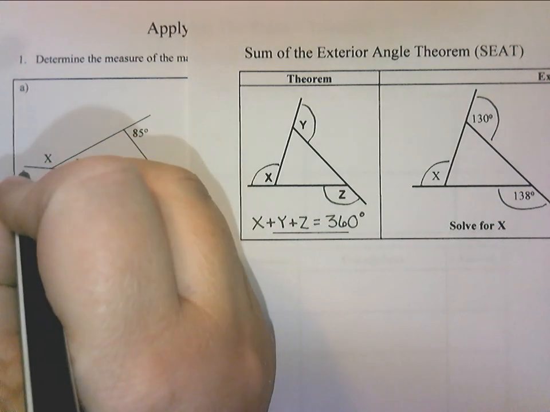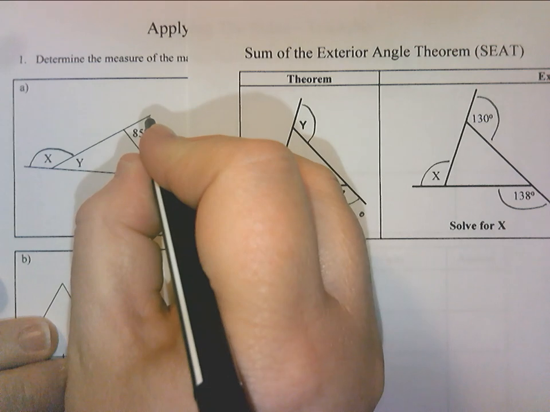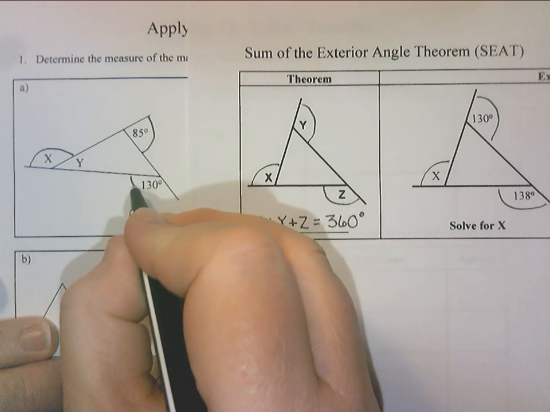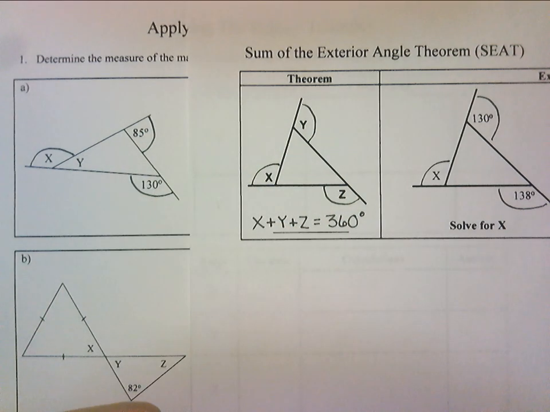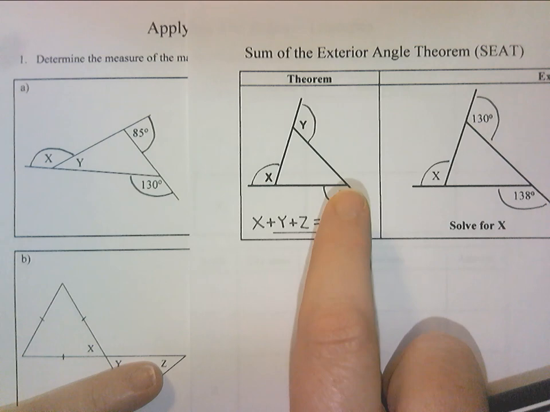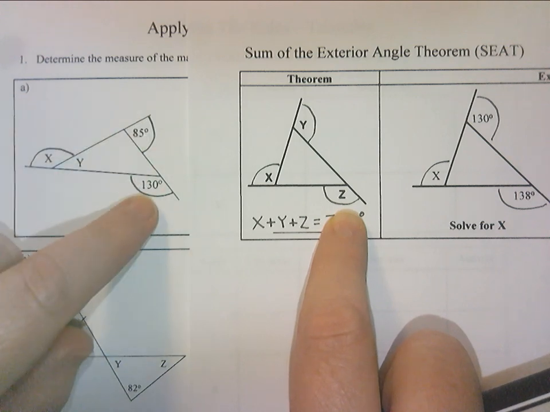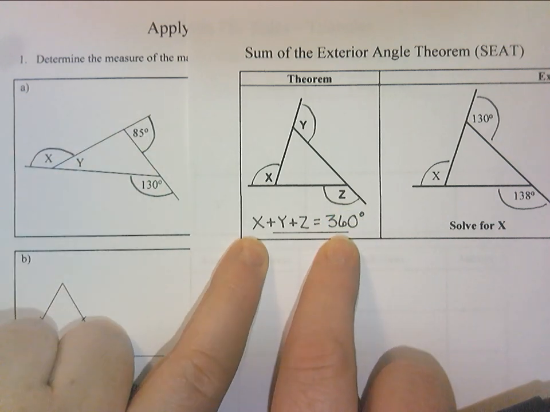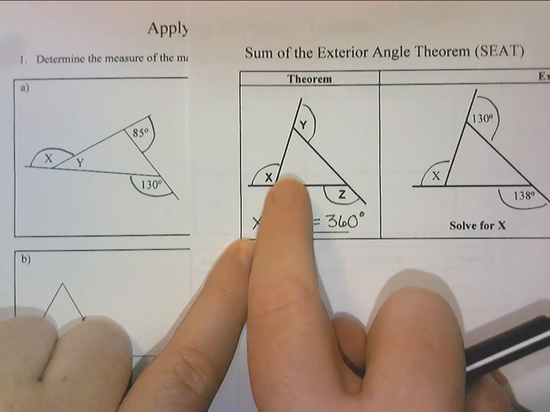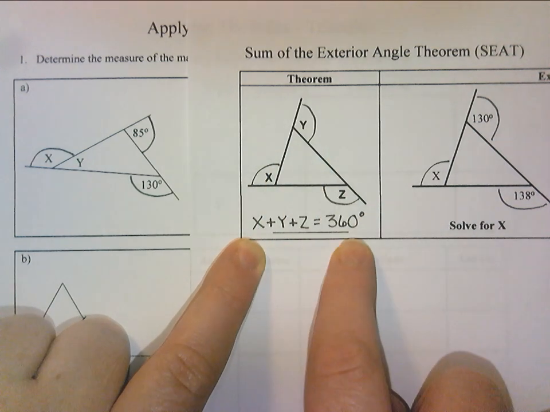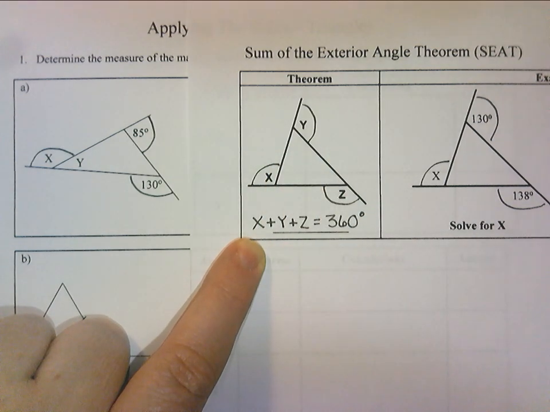So I see that X, 85, and 130 are all on the outside of the triangle. Now Y is on the inside of the triangle, so we will need to do something different with that one, but I'm going to start with those 3 angles on the outside. Now the rule is that those 3 angles should add to 360 degrees.